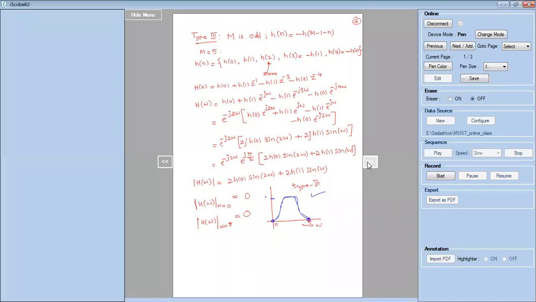Now let me go to the design of linear phase FIR filters using windows.